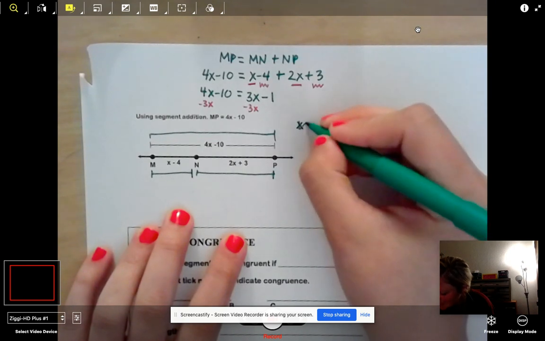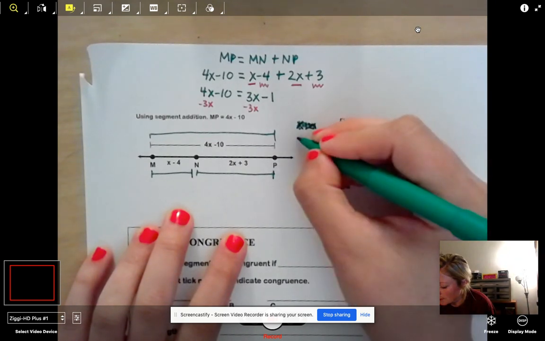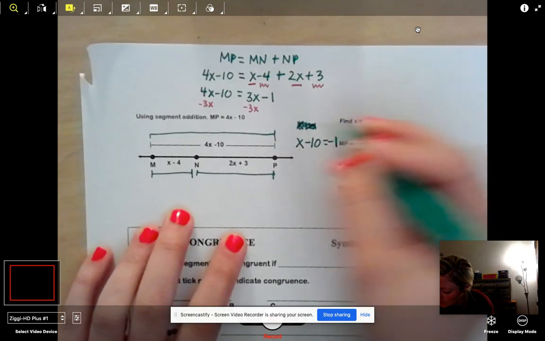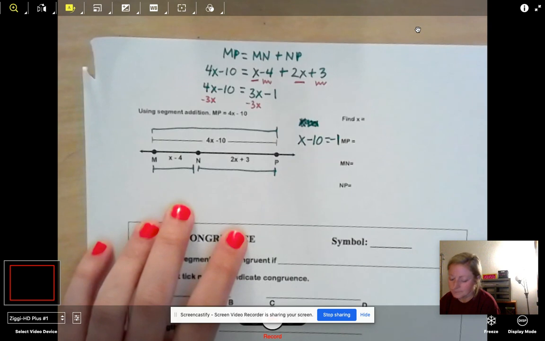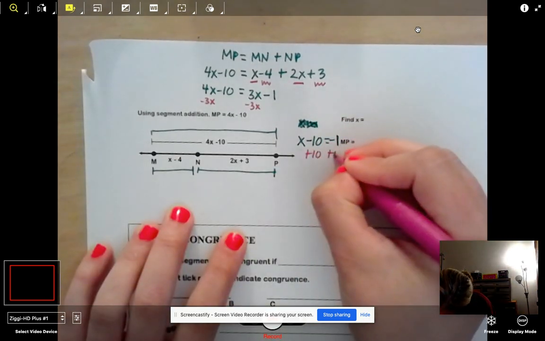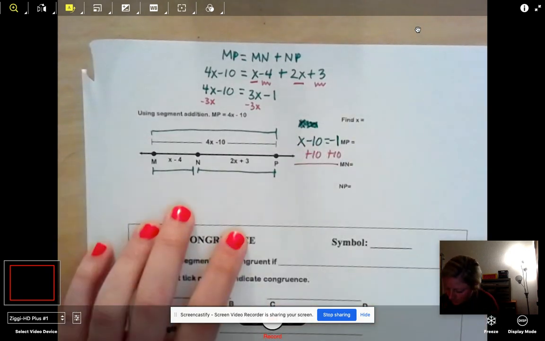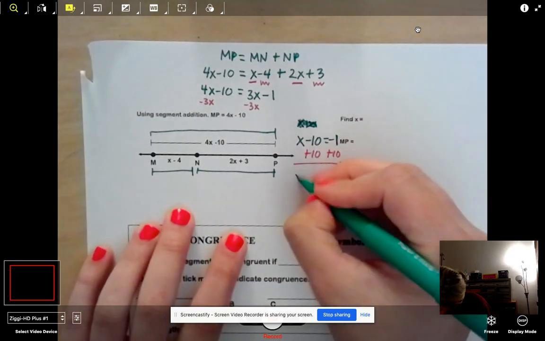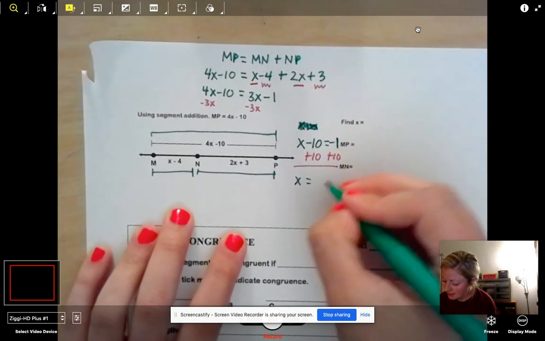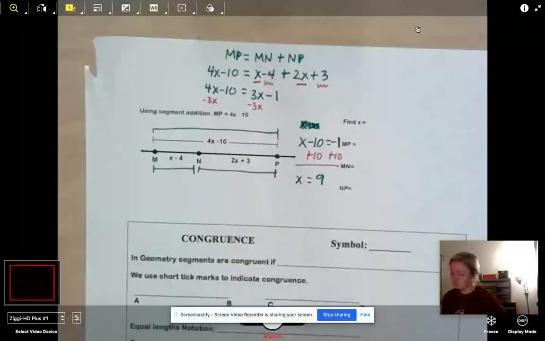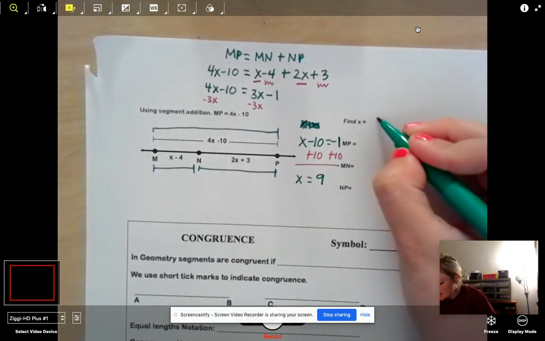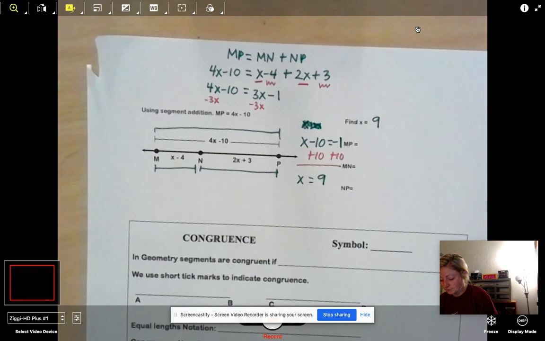So x minus 10 equals -1. So that's what I have left from there. Then I'm going to add 10, add 10. So then we are left with x equals -1 plus 10 gives us 9. All right, we did it. We just found that x equals 9.